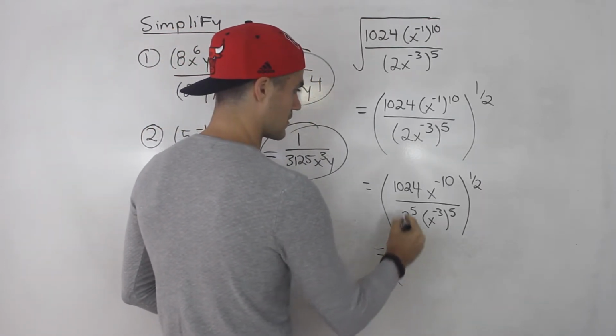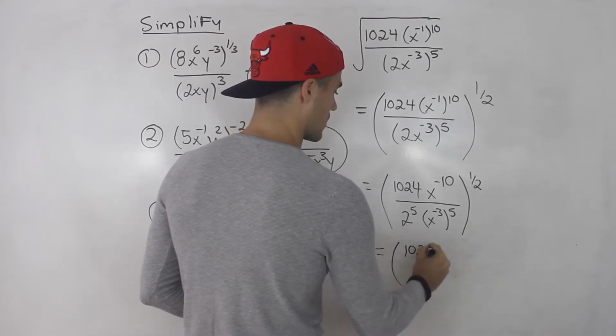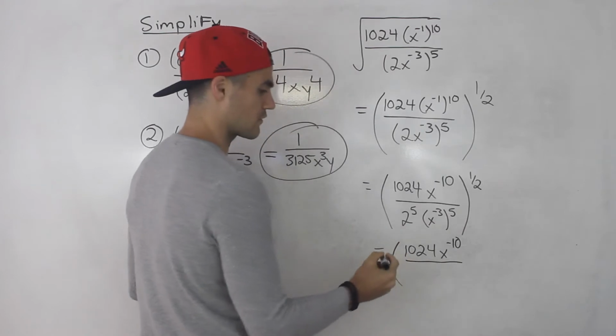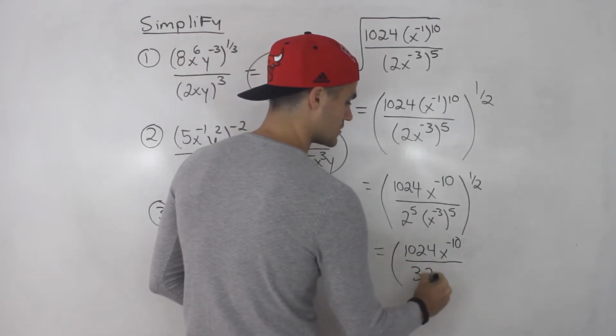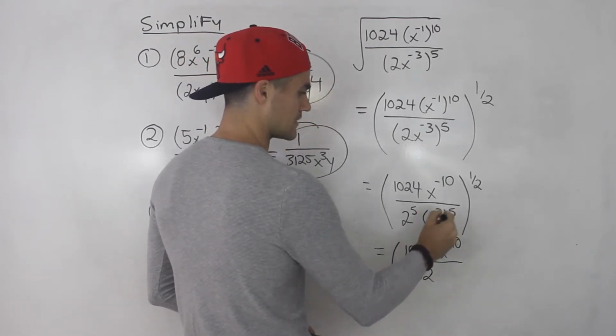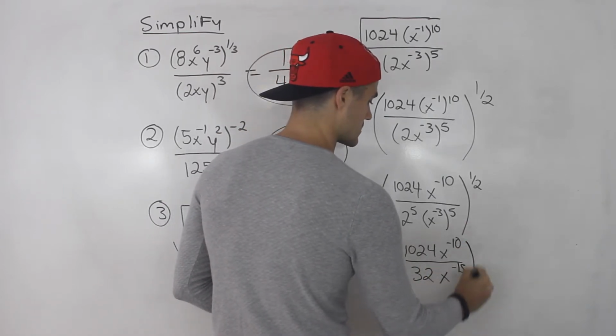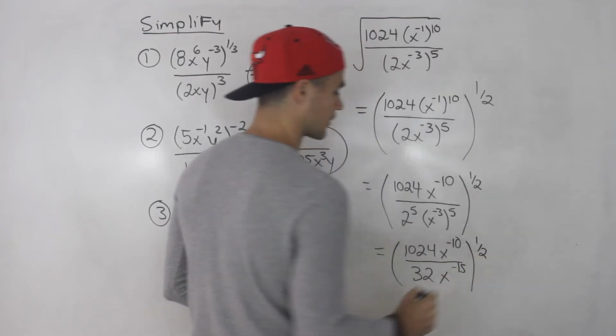And then from here, 1,024 x to the negative 10, all over 2 to the power of 5 is 32. And then this ends up being x to the negative 15. And this will be all to the power of 1 over 2.